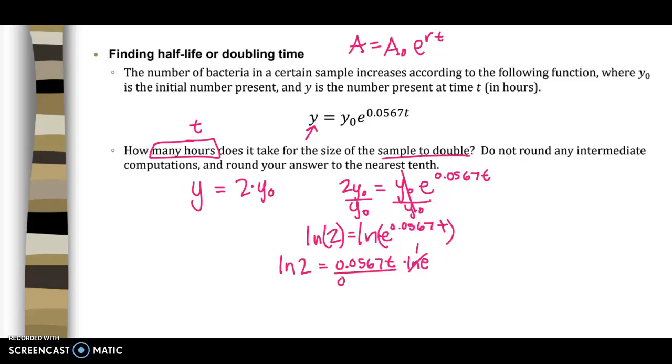Divide both sides by the rate, or 0.0567.